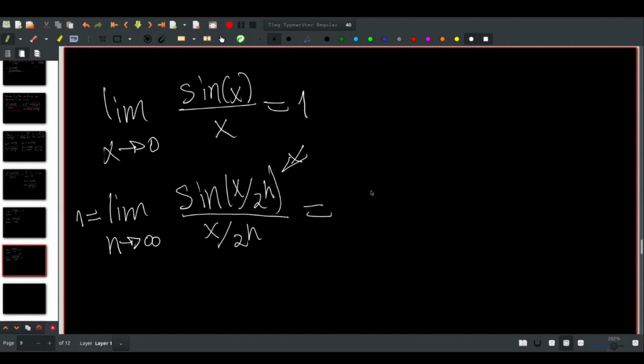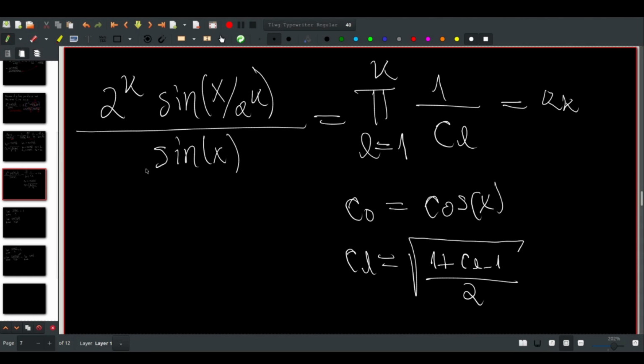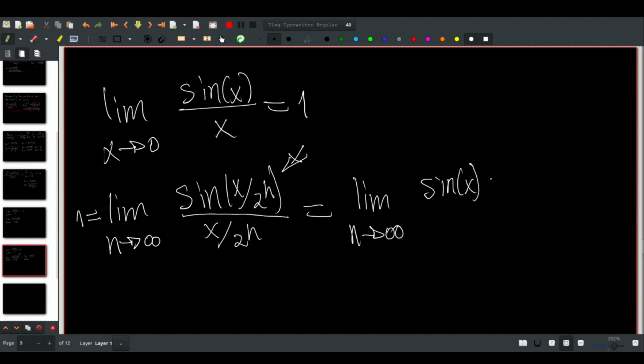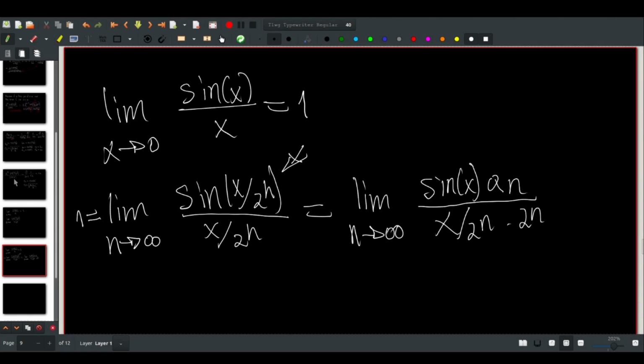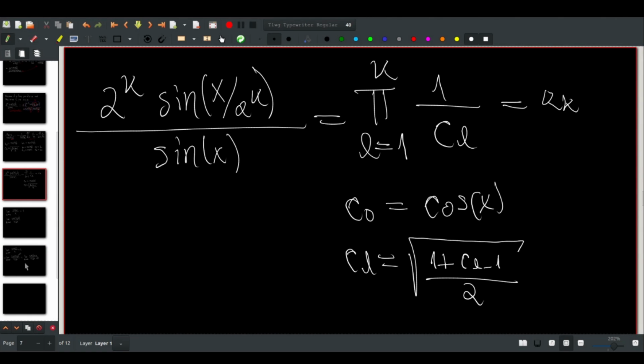So this is that. I'm going to put the limit, and now we also get an overall factor, the sine of x, which is just this denominator that we get, times a_n divided by x over 2 to the n, and we also get times 2 to the n. We get that extra 2 to the n from the formula itself.